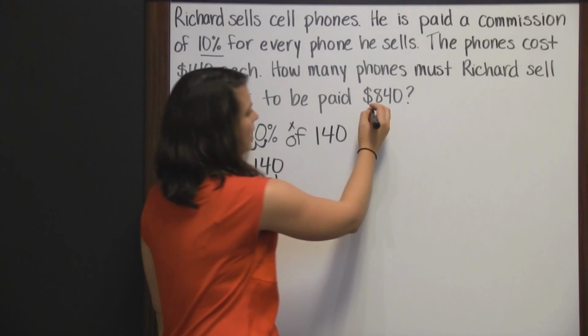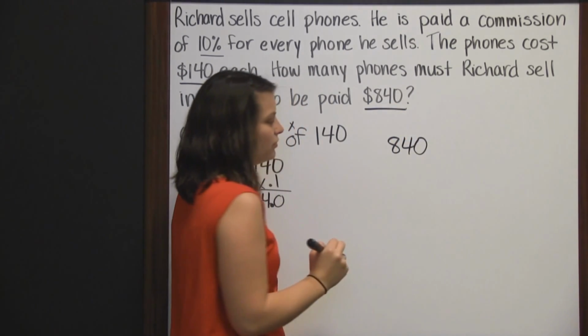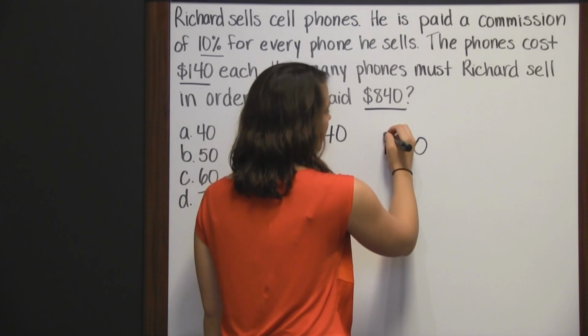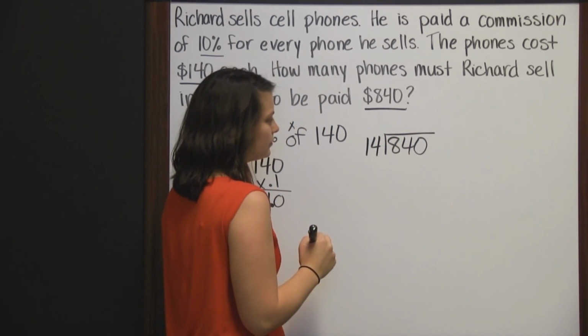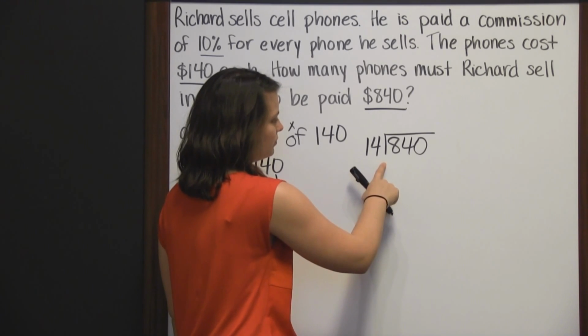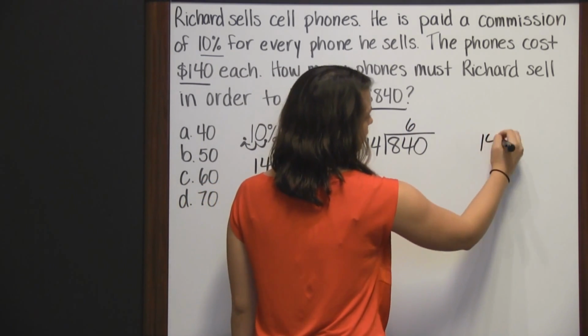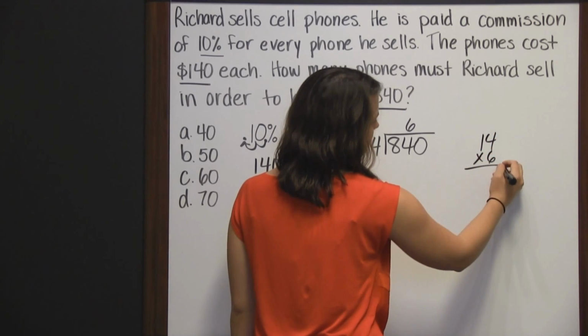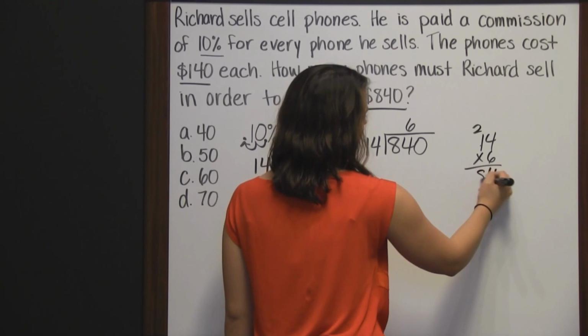And if he wants to be paid $840, then we need to take that $840 and divide it by $14. So 14 goes into 84 6 times. 14 times 6, 24, carry the 2, 6 times 1 is 6, plus 2 is 8.